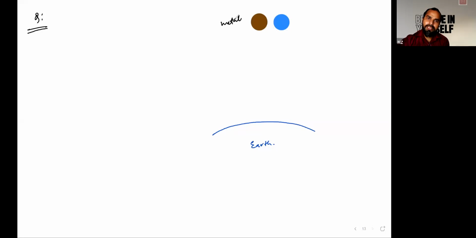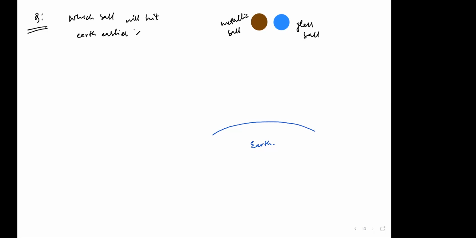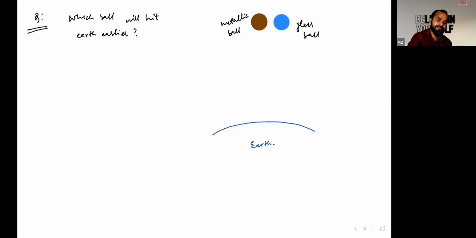This is your metallic ball and this is your glass ball. Just define which ball will hit the Earth earlier. Sir, both will do together. Try to define.